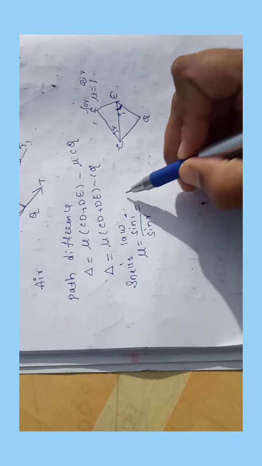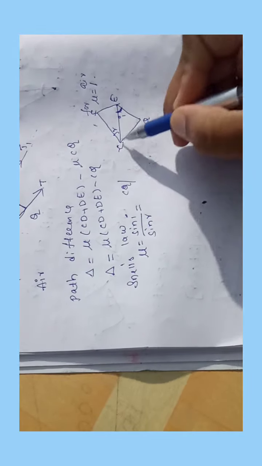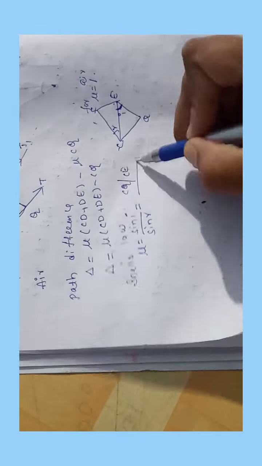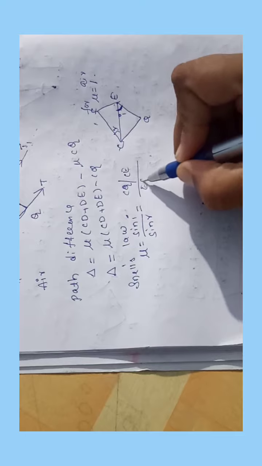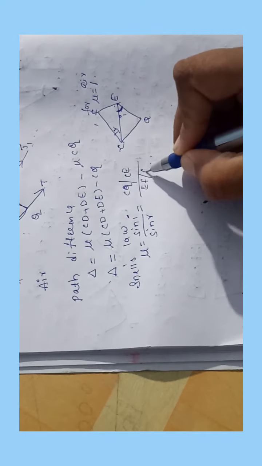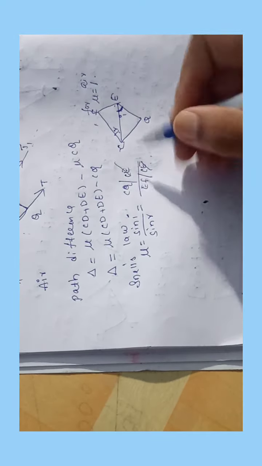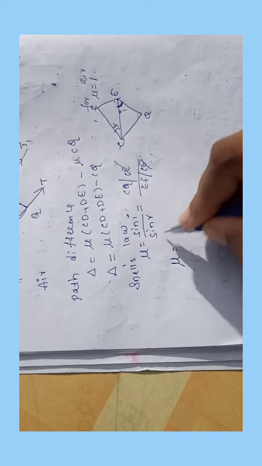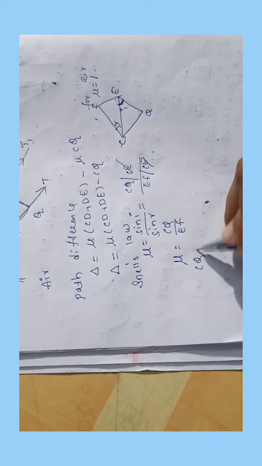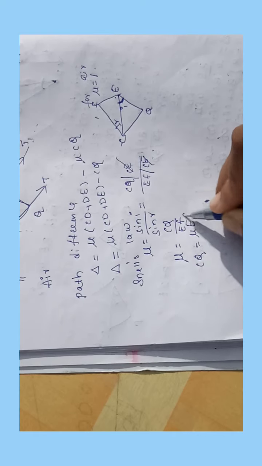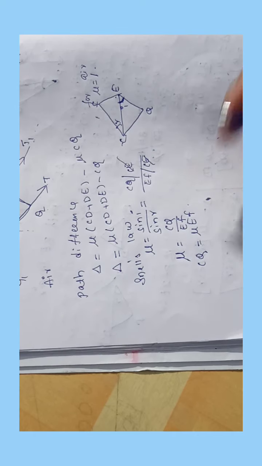First, sin I: opposite side CQ, hypotenuse CE. Next, sin R: opposite side EF, hypotenuse CE. CE cancels, and mu becomes CQ by EF. So CQ equals mu EF, we got.